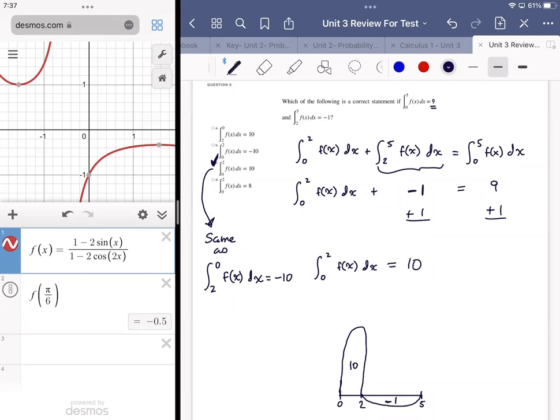So if we had gone the other way, it would be a negative value, and that would have also been correct. So you got to be careful about things like that. And that's because of the rule: the integral from a to b of f of x dx is equal to negative the integral from b to a of f of x dx.